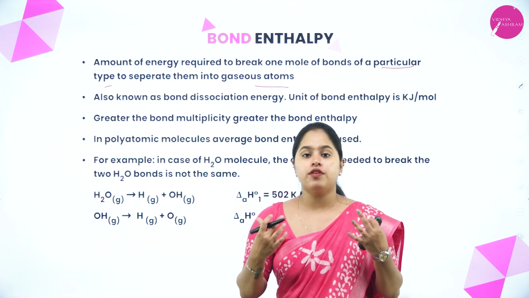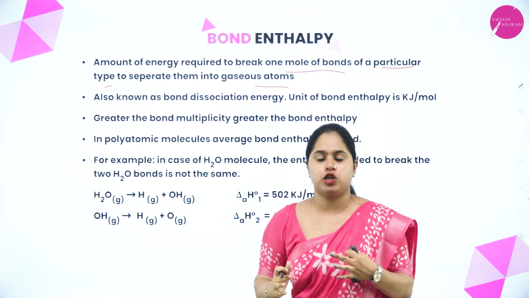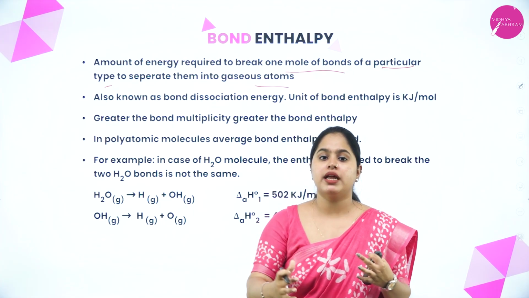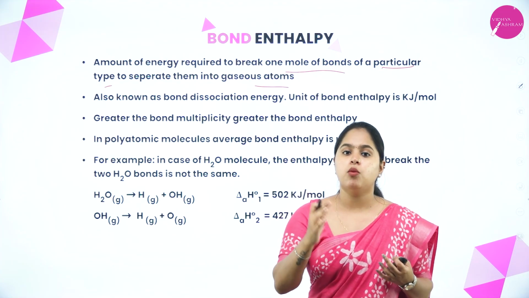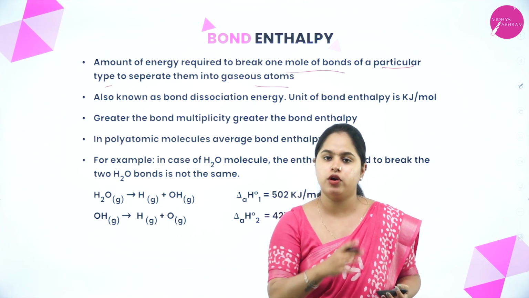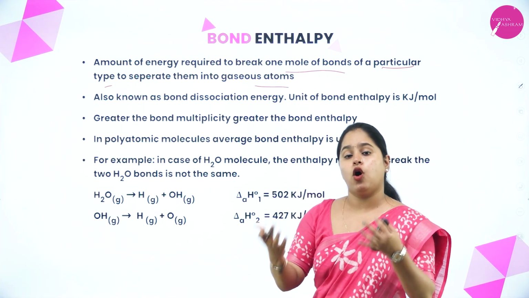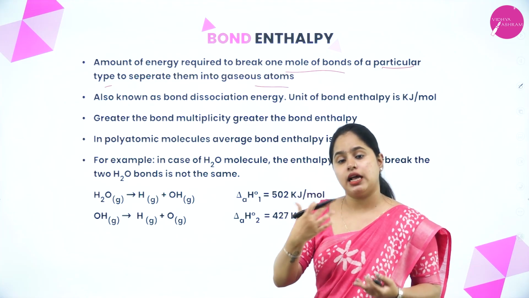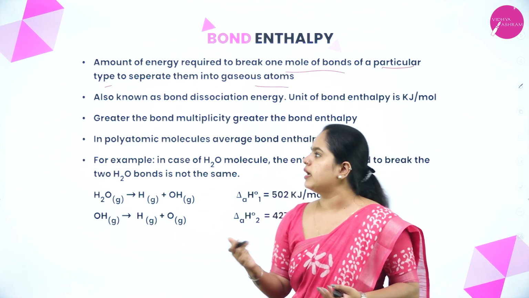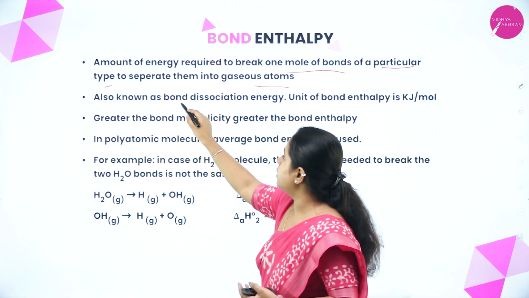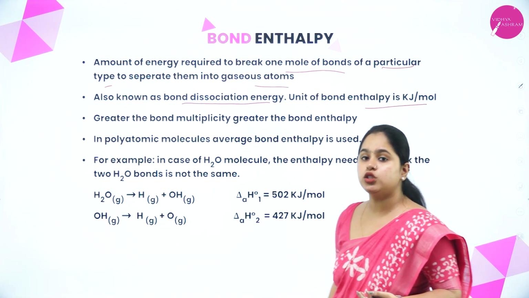That means if we have to break 1 mole of single bonds present in a compound, the enthalpy required to break these bonds is called bond enthalpy. It is also known as bond dissociation energy, which has a unit kilojoule per mole.